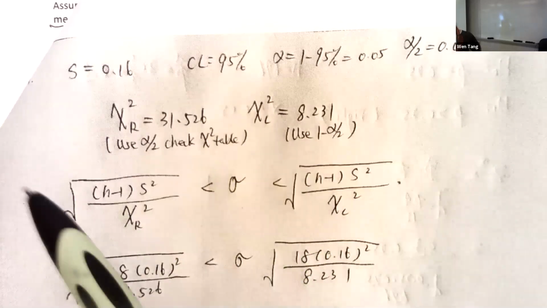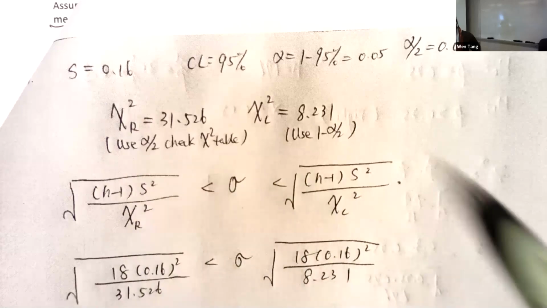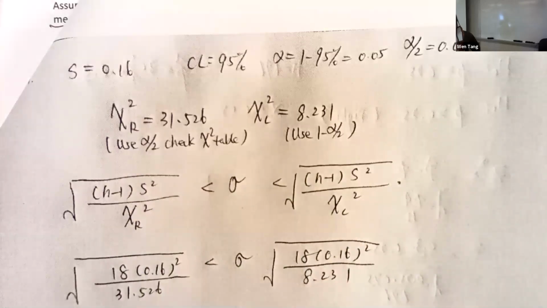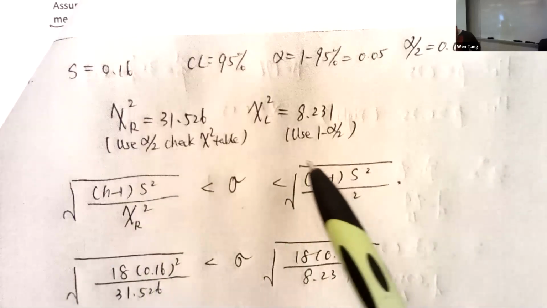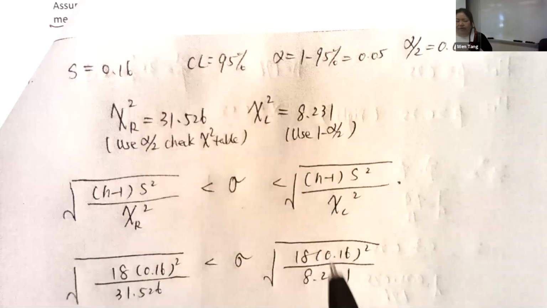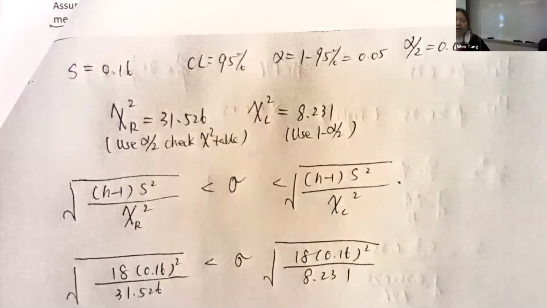Again, you need to find the critical value for both the left side and the right side. For the right side, we use the half alpha value; for the left side, you use 1 minus half alpha. Again, you could always find how to check the chi-square table in your content. There is also a short video to show you how.